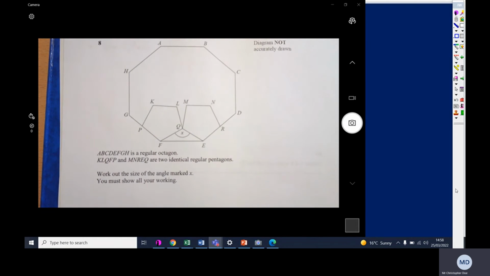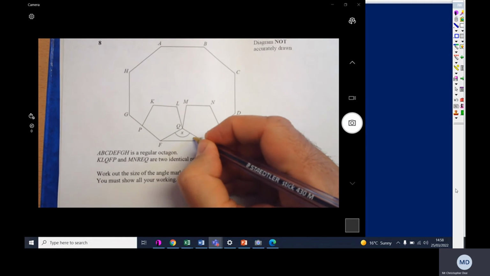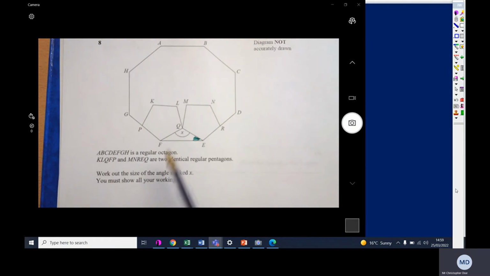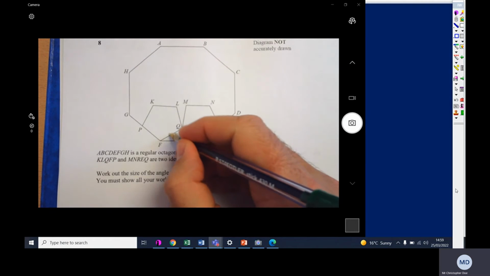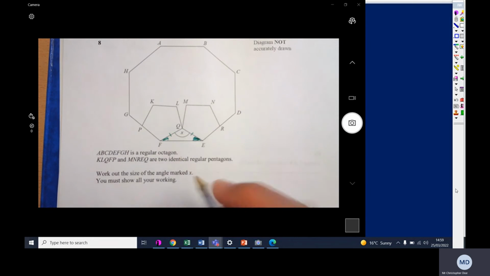Okay, to be able to do this, we need x here, so we're going to have to get some of the angles nearby. In particular, we need that angle there, because we've got an isosceles triangle here. If these two green angles are equal, then we can find angle x fairly simply. The fact that angle x is in the triangle is the clue that we need the angles in the triangle.